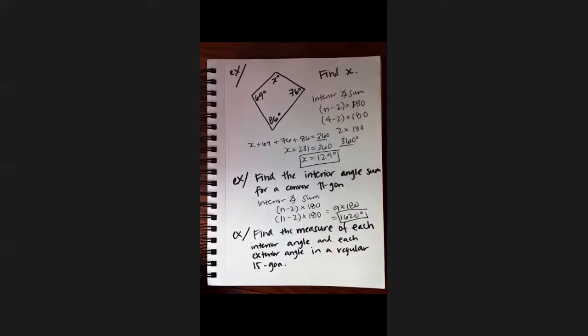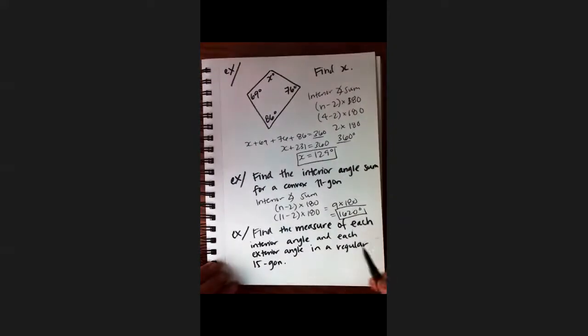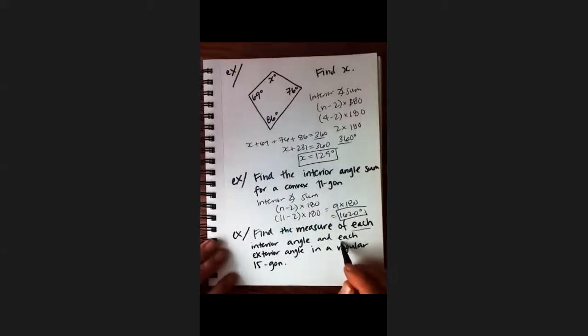Just remember to use that interior angle sum equation, and you will be able to solve for these super quick. For our last example, we are asked to find the measure of each interior angle and each exterior angle in a regular 15-gon. What we want to focus on first is that it says each, not the overall, and it also mentions that this 15-gon is regular, so we know that all its angle measures are equal.